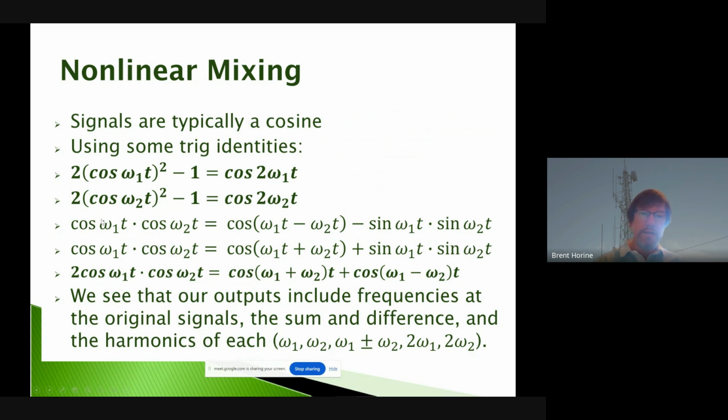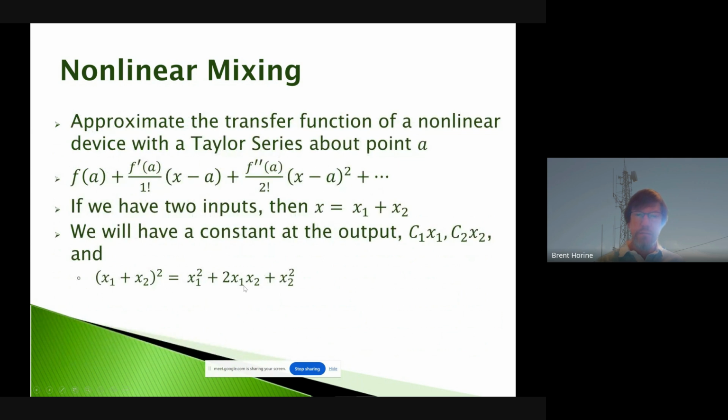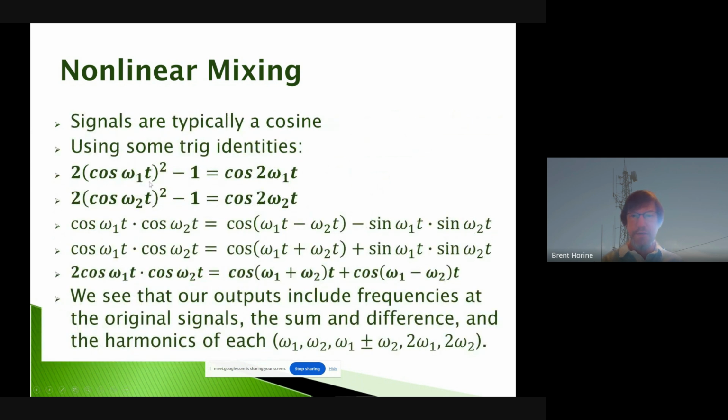Then what about this other term? We have this 2x1x2, right? Don't forget we also have these original terms here, but now we're going to focus on this 2x1x2 signal. And we'll drop the 2 for now. But we'll say cosine omega 1 t times cosine omega 2 t. And again, using some trigonometric identities, we can rewrite that as cosine of omega 1 t minus omega 2 t minus sine omega 1 t times sine omega 2 t.